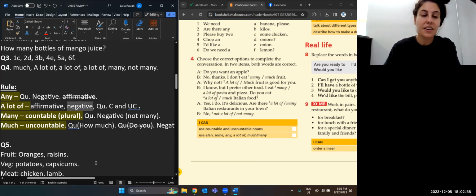It's used in a negative. I don't have a lot of apples. It's used in a question. Do you eat a lot of apples? And it's for both countable and uncountable.